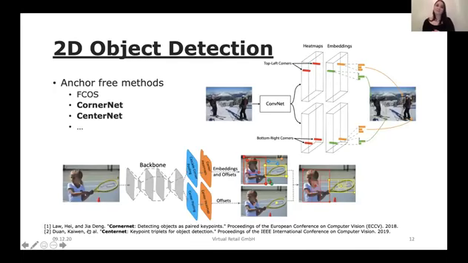Different from FCOS, CornerNet proposed a framework to predict the top left corner and the bottom right corner, like this, and then pair these two corners based on a learned embedding to get the detection. CenterNet is an improvement on top of CornerNet.